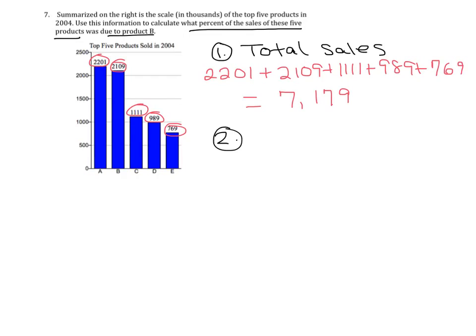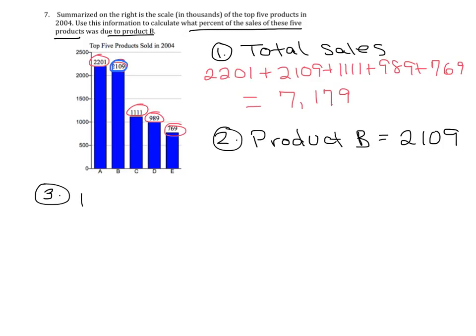Step 2, we need to identify product B. Product B sold 2,109. Next, I'll create a percent equation to solve the question.